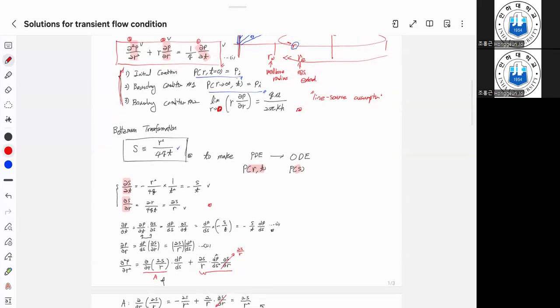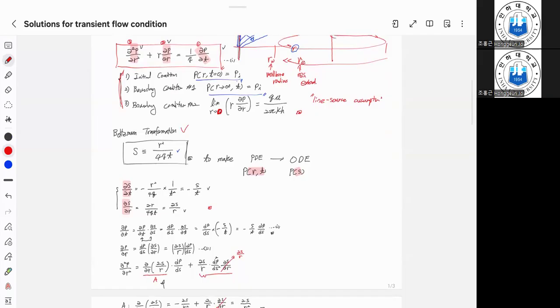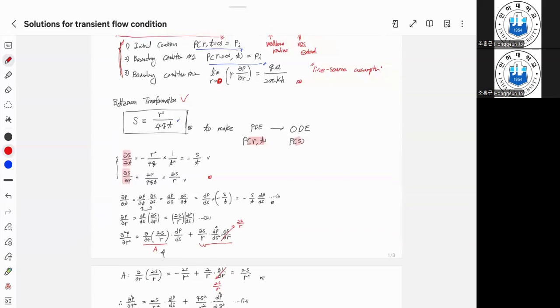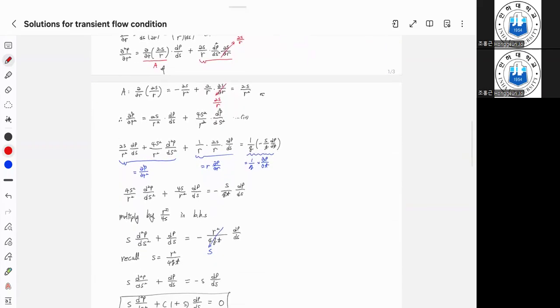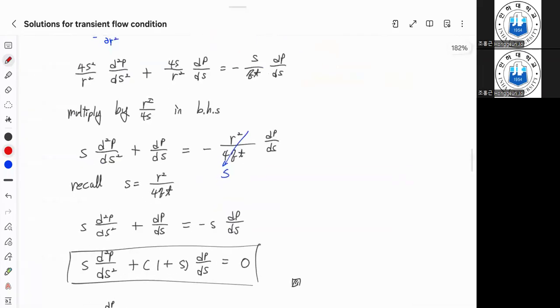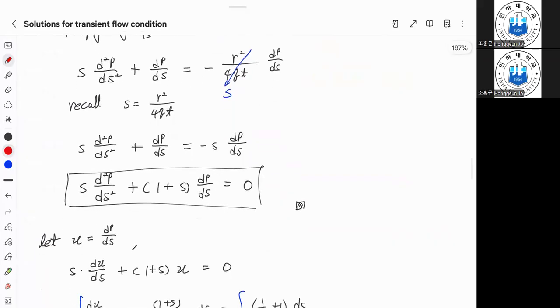By using the Boltzmann transformation, we could turn this PDE into a simpler, more straightforward ODE. But here again, we have a very awkward variable s, which is new. It seems random and complicated, but in the end it makes things much easier.